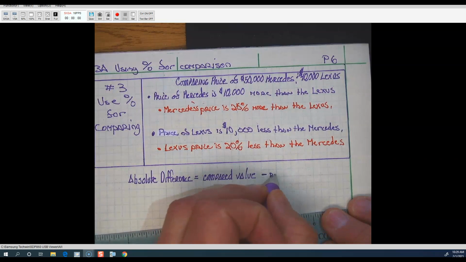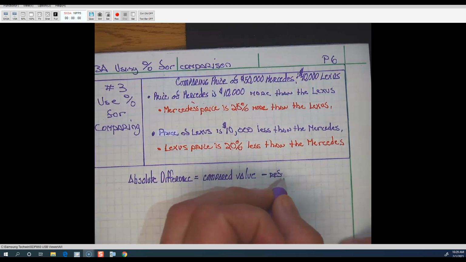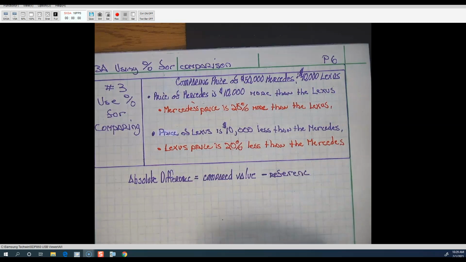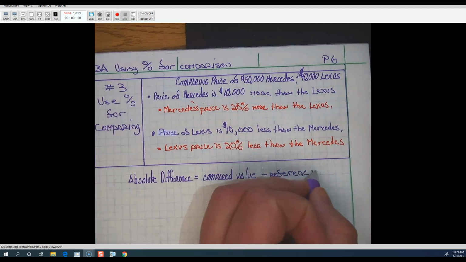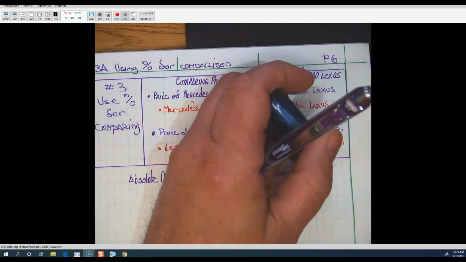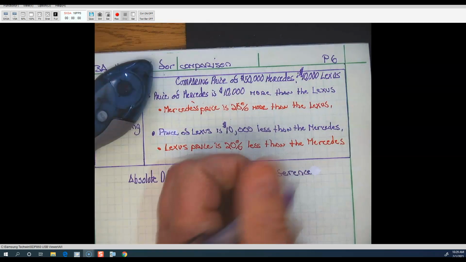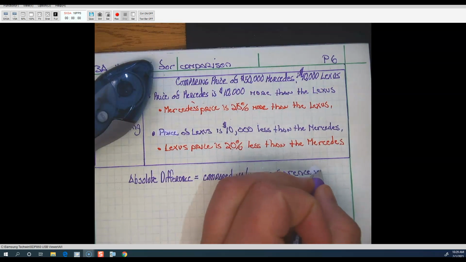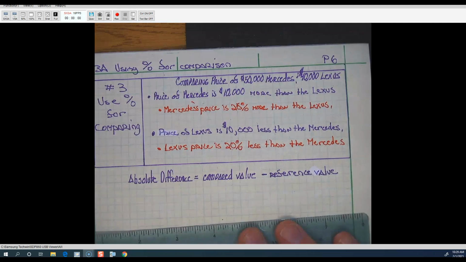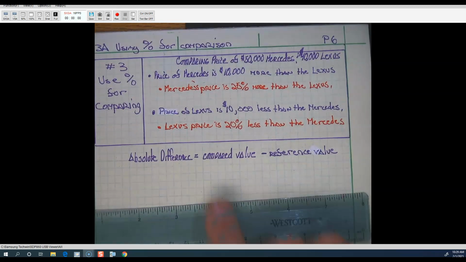And I'll talk about how you know which one is the reference and which one is the compared. Okay, that's the first rule.